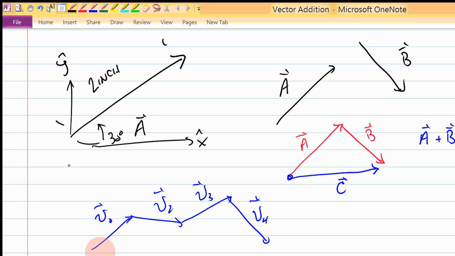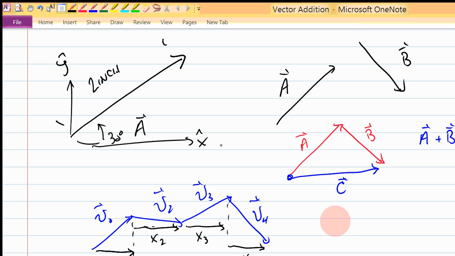If I look at the projection of each of these vectors along the x-axis, this arrow tells me how far V1 goes in the x direction. This arrow tells me how far V2 goes, this one how far V3 goes, and this how far V4 goes in the x direction. So this is x0, x2, x3, x4.